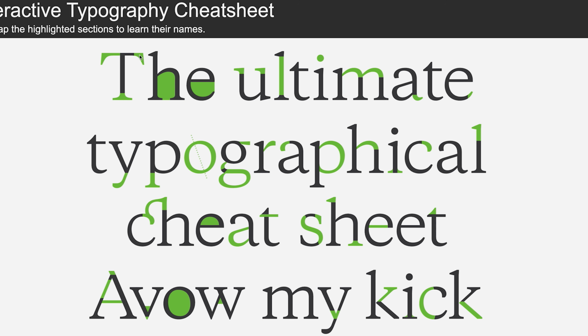So for example, if I was to click on the bottom of the G, this is called the loop, where the G loops round. The parts of the T that stick out are called the arms. The bottom of a Y is called the tail, and so on. I think it's just good to know these terms, so if you are speaking to a client, you can use the right terminology when describing parts of the typography, and it makes you sound a lot more professional.